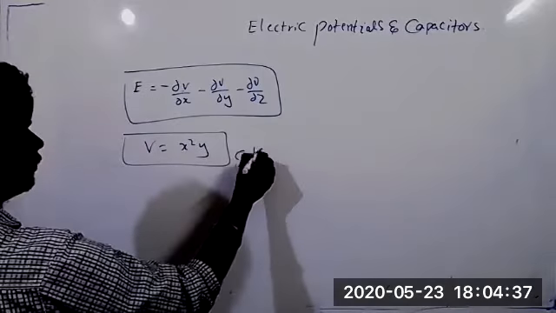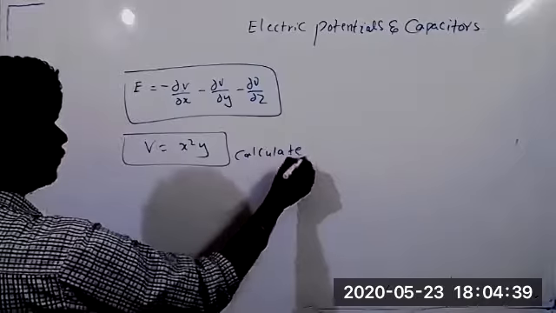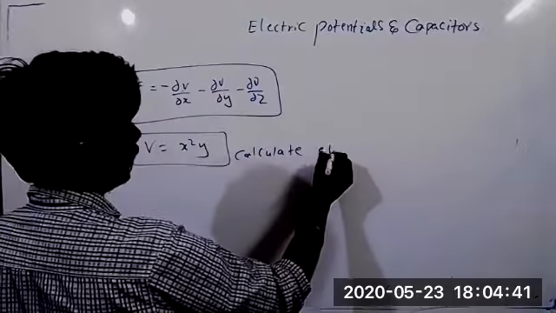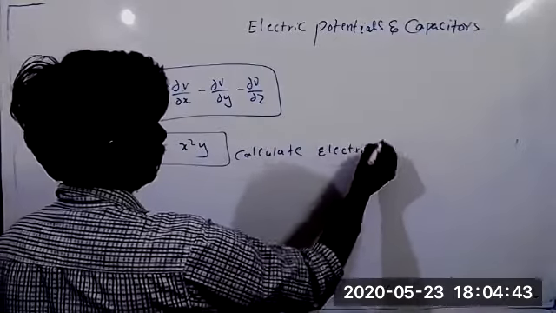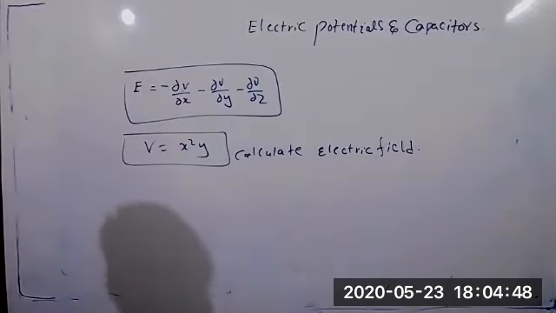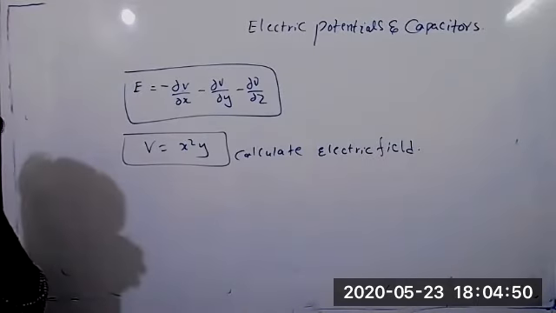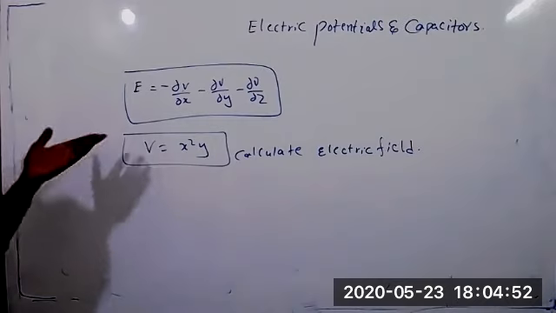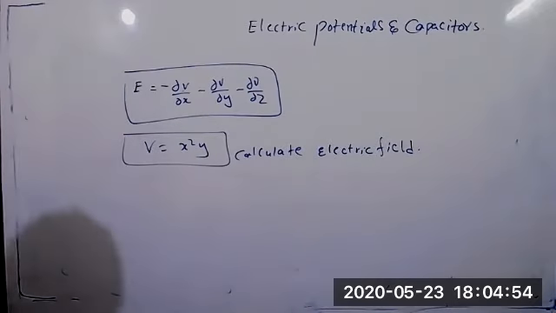Calculate the electric field. Here they have given potential. Once they give potential, immediately we know what we have to do. Now potential will be along the x direction and y direction, am I correct? Calculate.